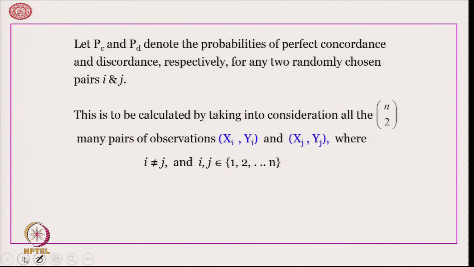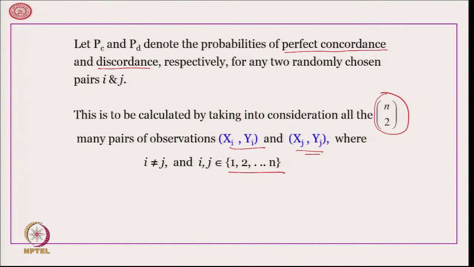So, let Pc and Pd denote the probabilities of perfect concordance and perfect discordance respectively for any two randomly chosen pairs i, j. Now, this is to be calculated by taking into consideration all the nC2 many pairs (xi, yi) and (xj, yj), where i is not equal to j and they are running from 1 to n.